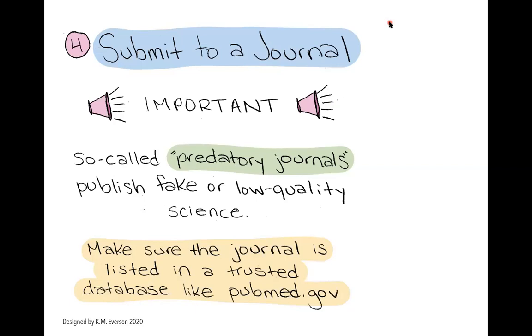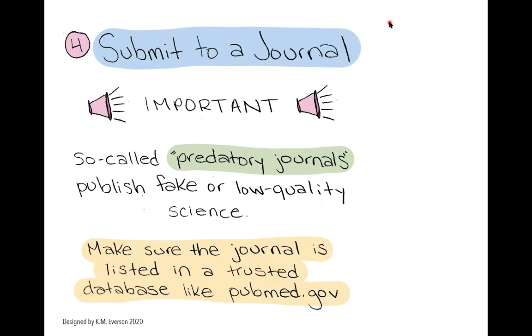So maybe the controls aren't there, or maybe the sample size is really low, or maybe the interpretations are more hand waving than being backed up by evidence. You don't want to do that, right?